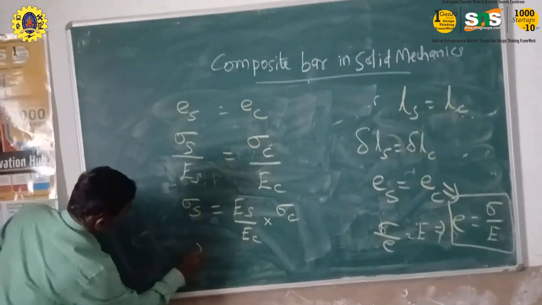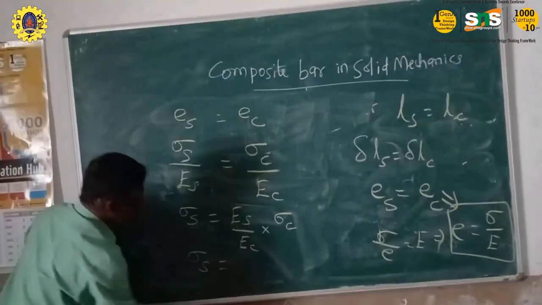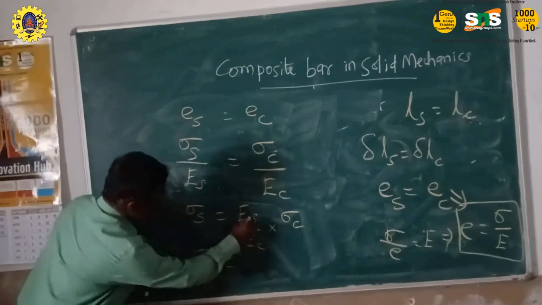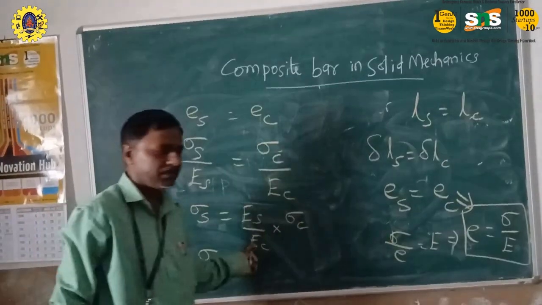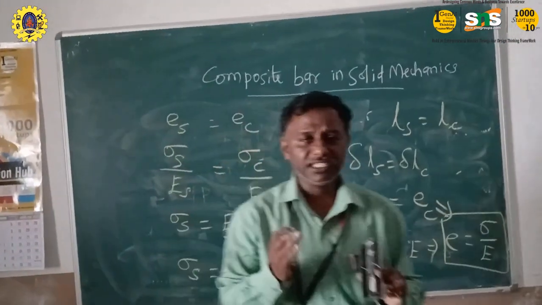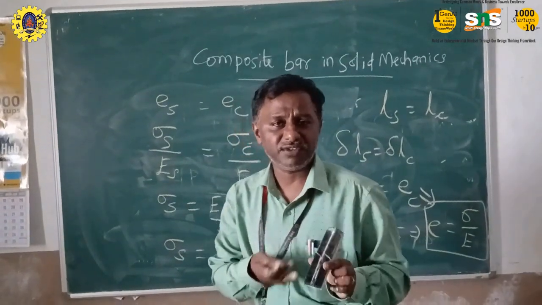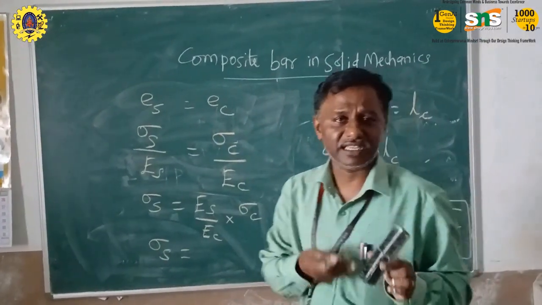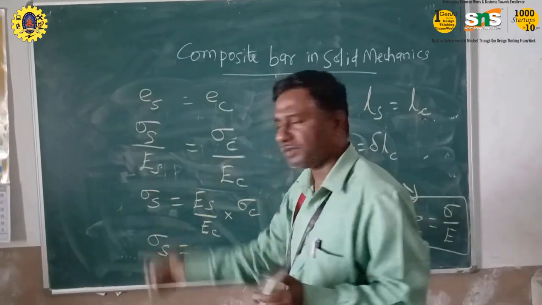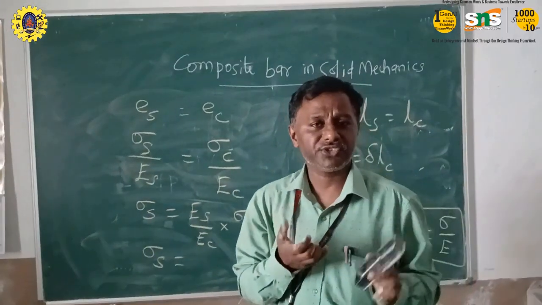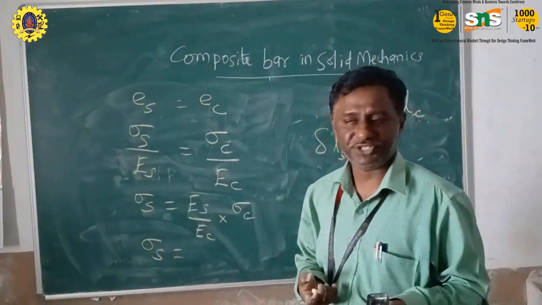From that I am getting our conversion. So ES, Young's modulus of steel as well as copper. Young's modulus is a material property. It resists the deformation. If the Young's modulus value is higher, it gives more strength towards the deformation.